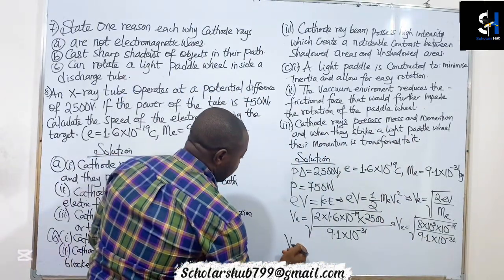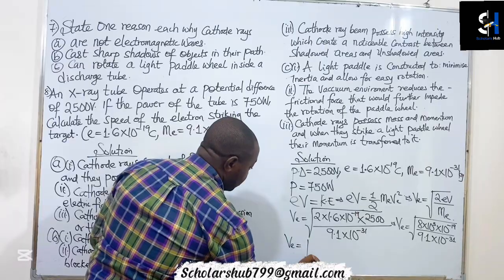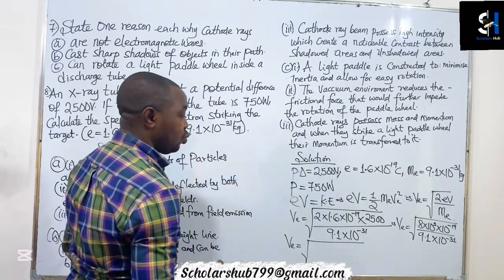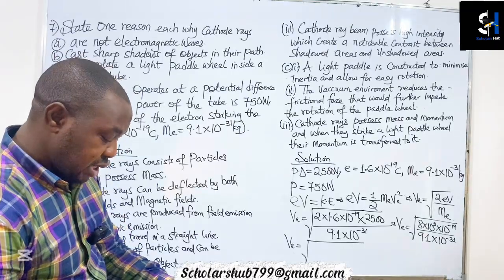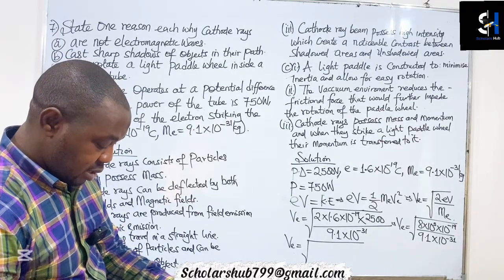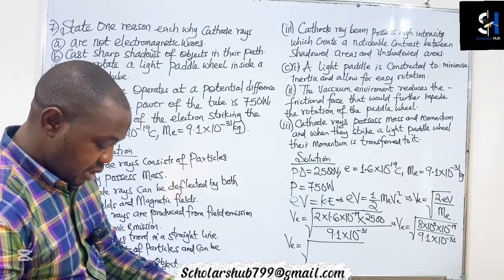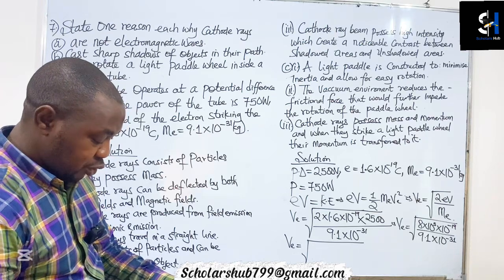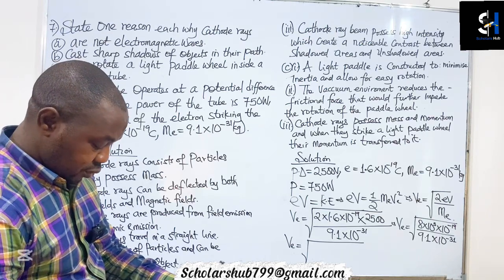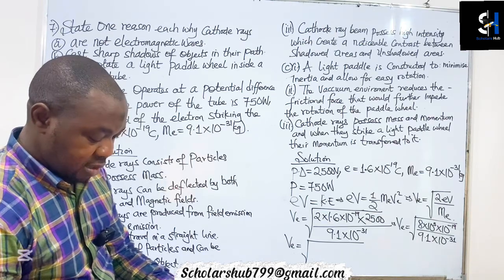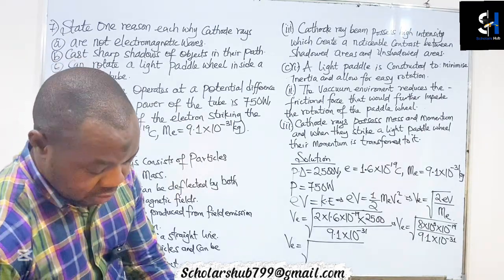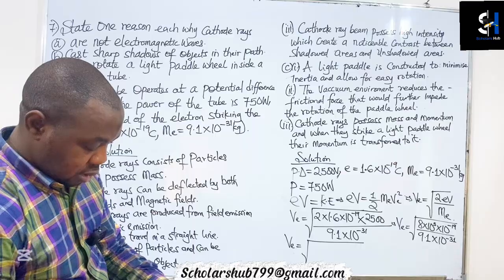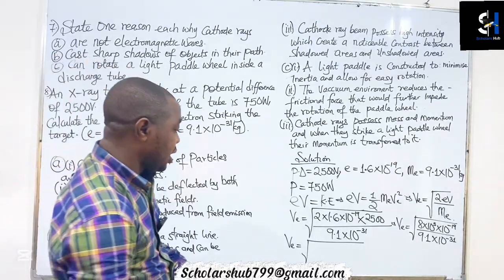Now let me get the value of 8 divided by 9.1, that will be 0.879.